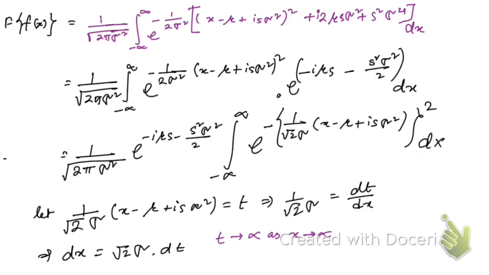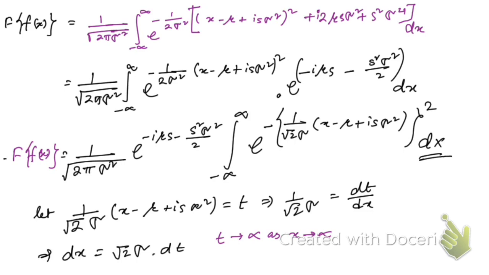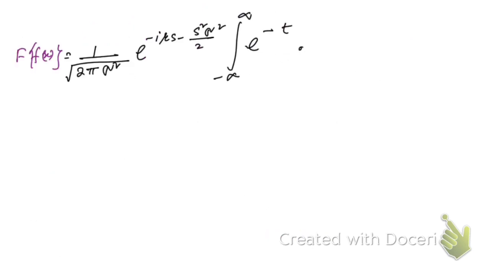Let me write the result on the next slide. Fourier transformation F of small f of x is gonna be equal to, let me copy this one. So we're gonna have this into e to the power minus t, and let me go to the previous slide. So this dx is replaced by this value, then you're gonna have root 2 sigma dt. That's what we're gonna have, right?